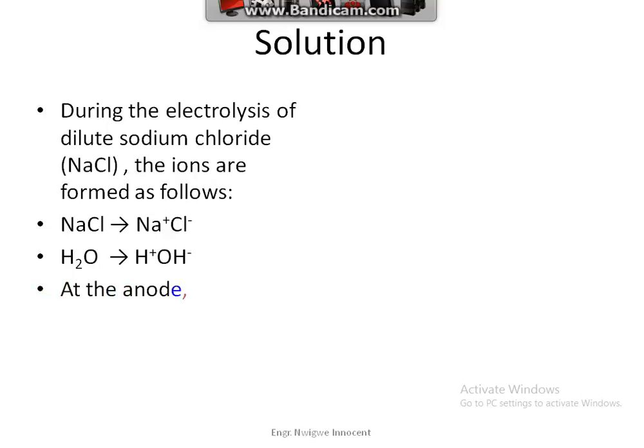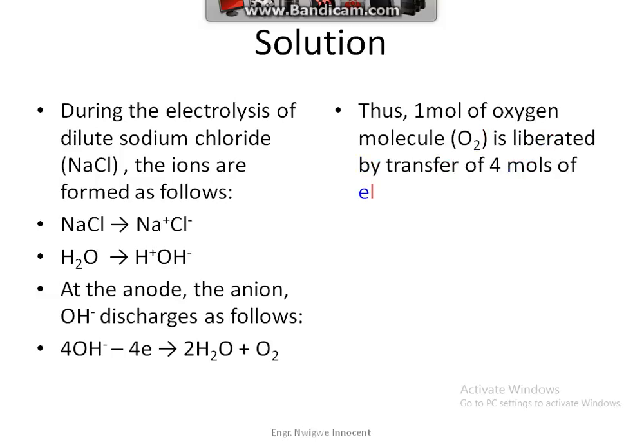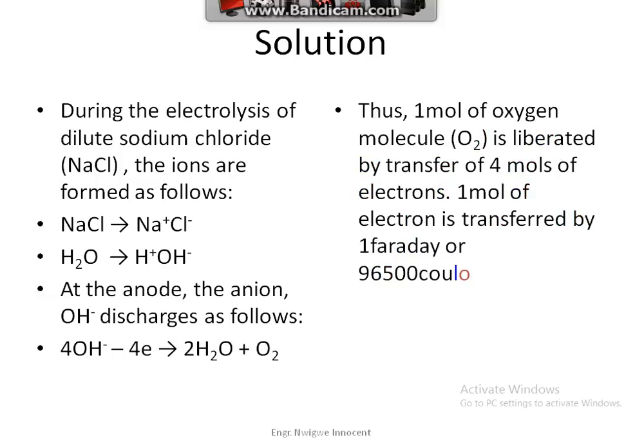At the anode, the anion, that is hydroxyl negative ion, is discharged as follows. 4 hydroxyl negative ions will liberate 4 electrons to give 2 molecules of water and oxygen. Thus, 1 mole of oxygen molecule O2 is liberated by transfer of 4 moles of electrons.